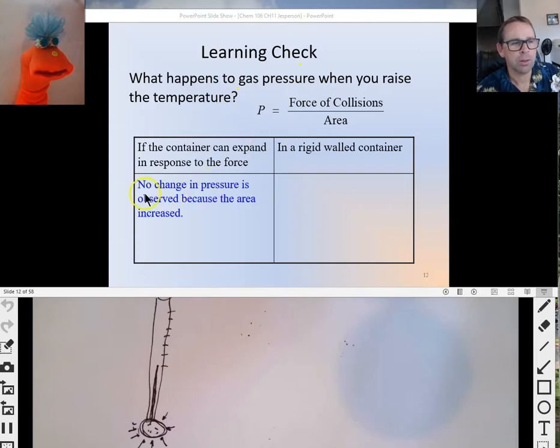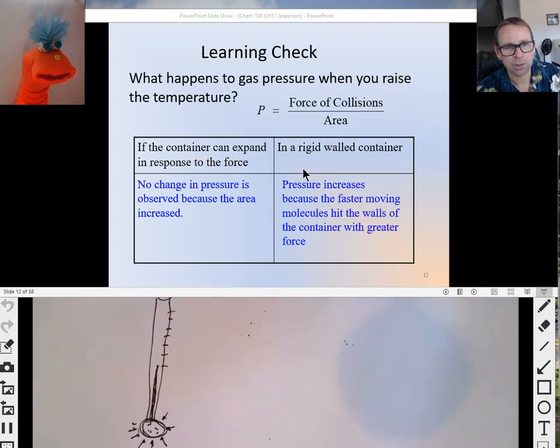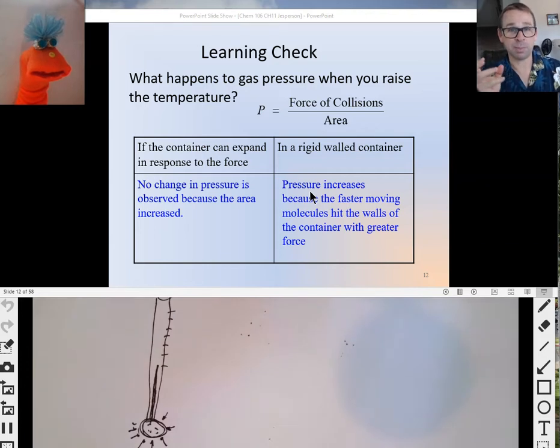Well, there will be no change in pressure. What you'll have is a change in volume. And that volume change occurs because as the pressure increased, the volume changed. In a rigid wall container, if we increase the temperature, then the pressure inside that vessel will increase drastically if the volume can't expand.